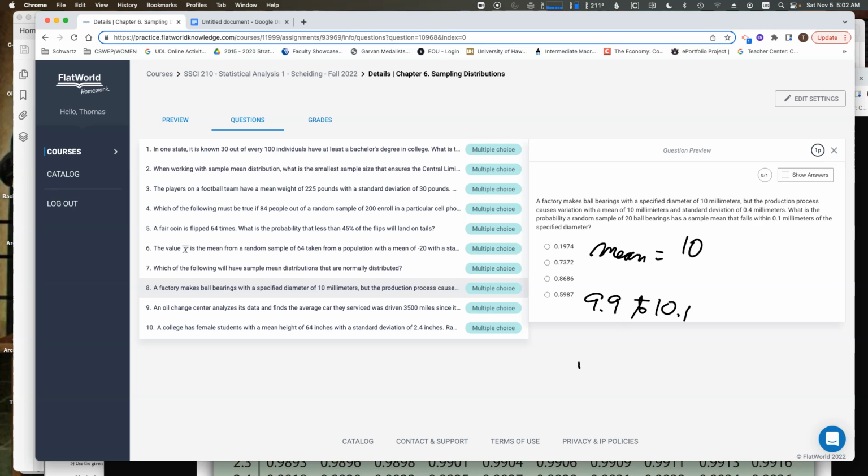And so using the cumulative probabilities and subtracting. And if you're looking in the book, this is a lot like example 7 on page 182.